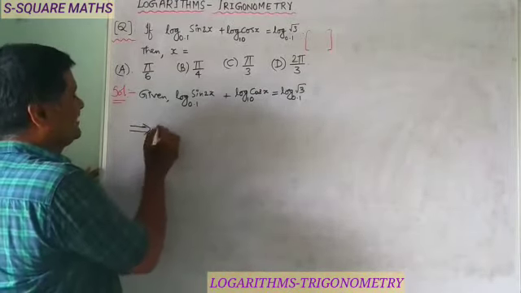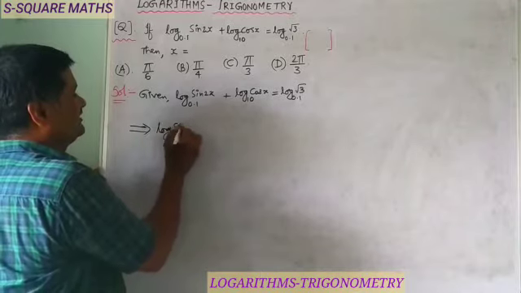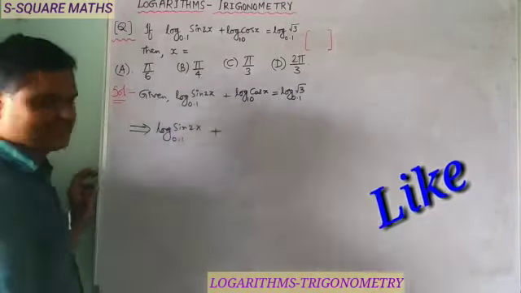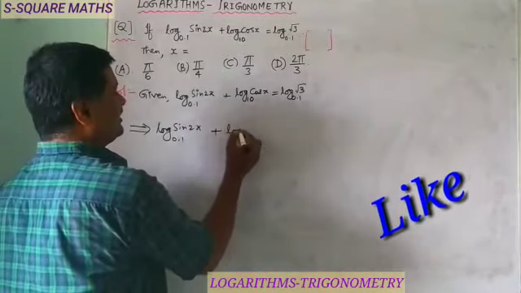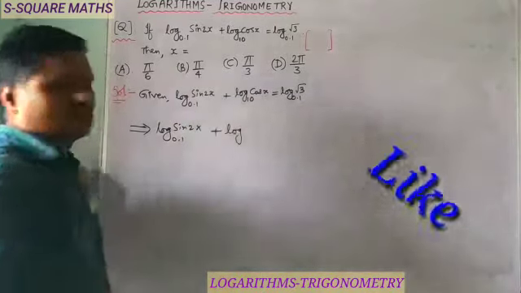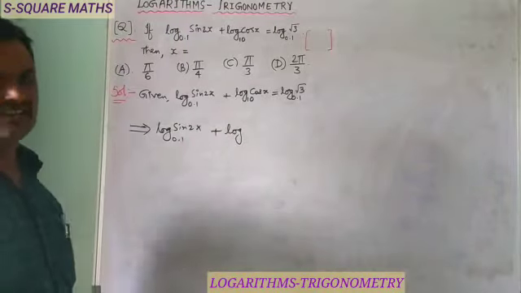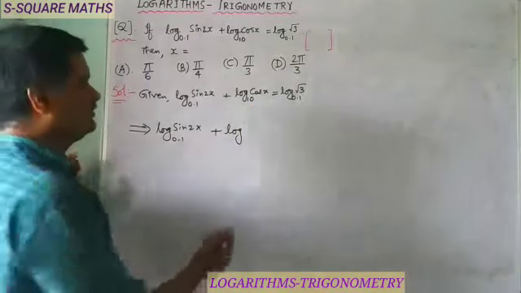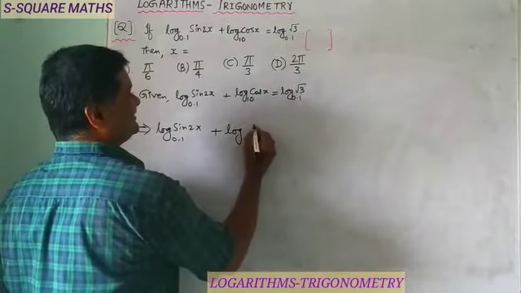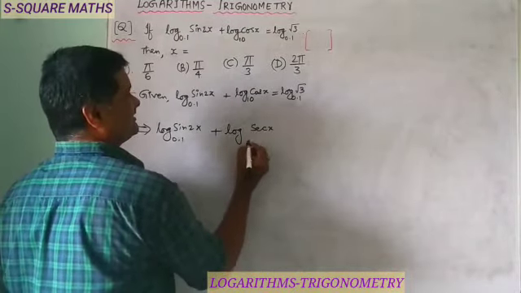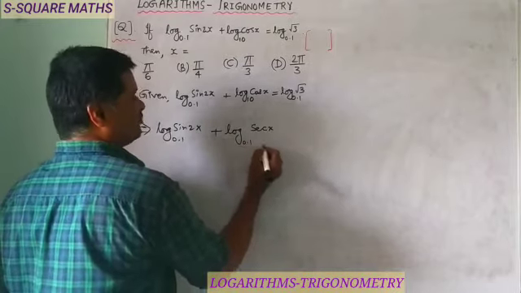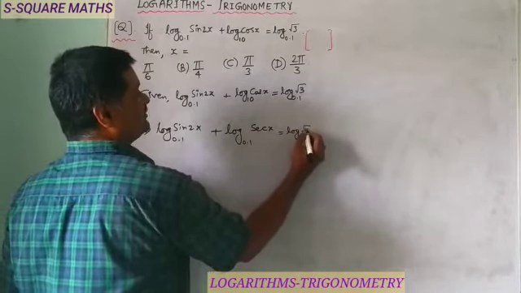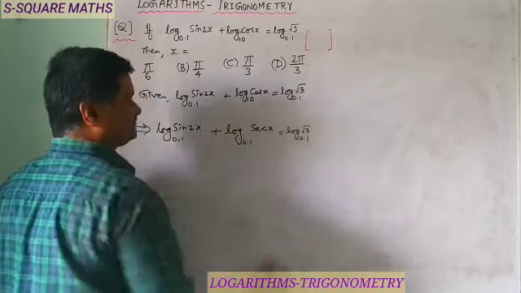So here I can write it as log of sin 2x to the base 0.1 plus log of, here cos and sec are reciprocal to each other. 10 and 1 by 10 are also reciprocal to each other. So now I can write it as sec x with base 0.1, and here it is log of root 3 to the base 0.1.